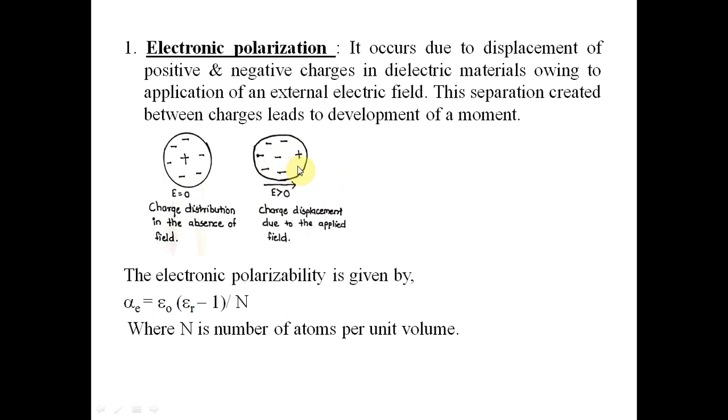The electronic polarizability is given by alpha E equal to epsilon 0 times (epsilon r minus 1) by n, where n is the number of atoms per unit volume.